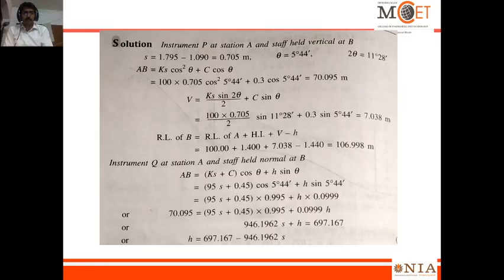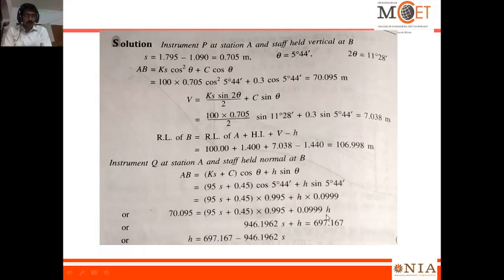the formula you know, distance equal to Ks plus C into cos theta plus H sin theta. So K was given in the problem, but you don't know the S since we are not having the stadia reading itself. So S unknown, C you know, cos theta, theta you know, H we are not having the reading, but the distance you have already calculated, it is 70.095.